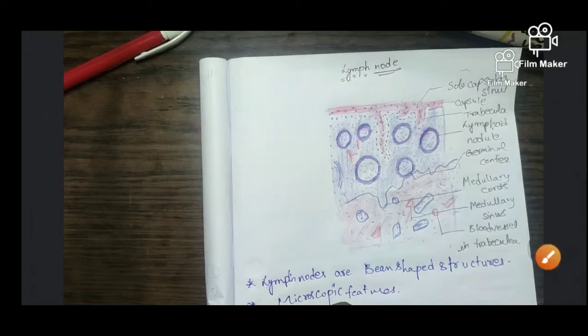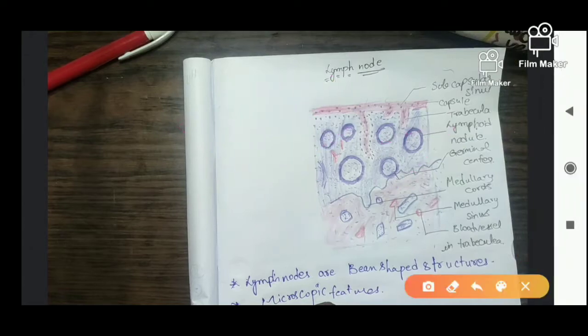Coming to the medulla, the medulla is here. Medulla is very lightly stained, with eosin. You can see here, and it consists of many medullary cords and medullary sinuses. These are the medullary sinuses and these are the medullary cords.